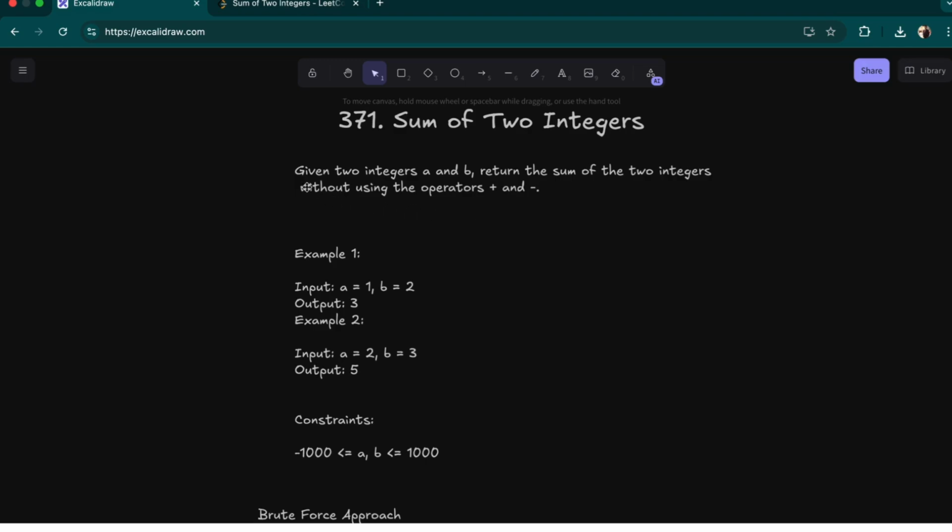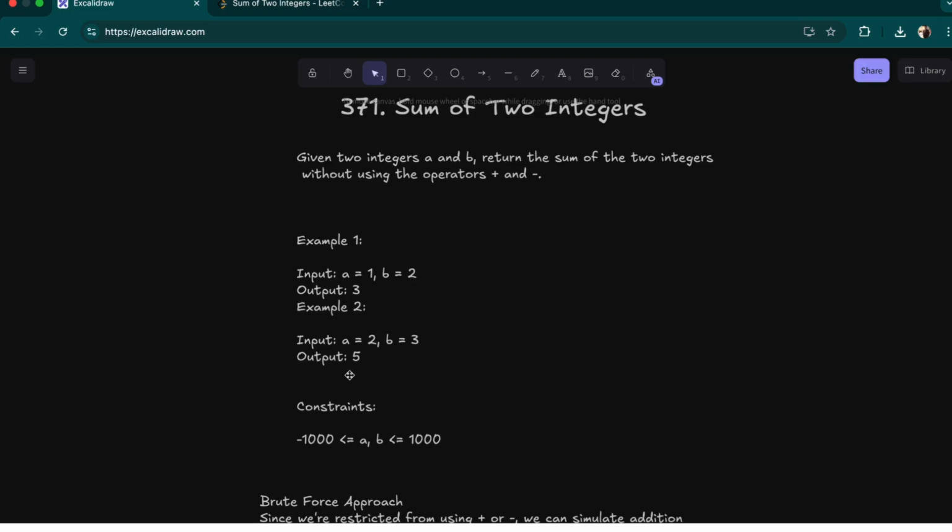The problem statement is very straightforward. We are given two integers a and b, and we have to return the sum of the two integers without using the operators plus and minus. For example, a is equal to 1 as an input and b is equal to 2. The output will be 3, 1 plus 2 is 3, but we have to do it without using plus and minus.